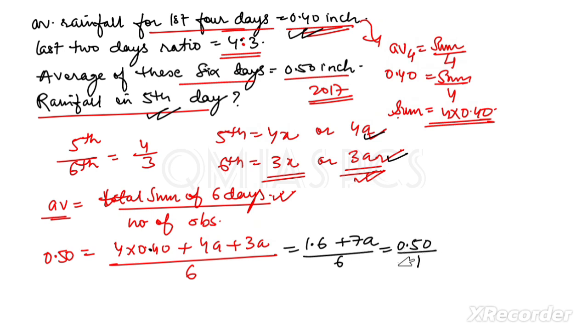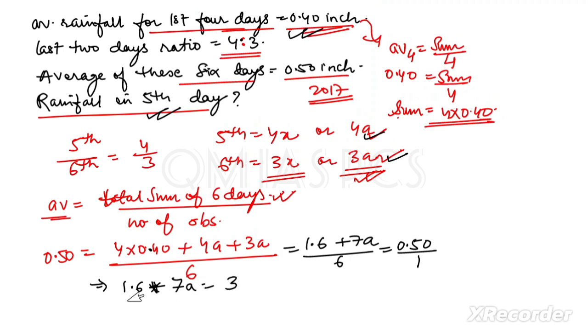Here is 1, so multiplying 1 with this value, it remains the same. So here is 1.6, plus 7a, and here is 6 multiplied by 0.50. So 6 multiplied by 0.50, that value will be 3.